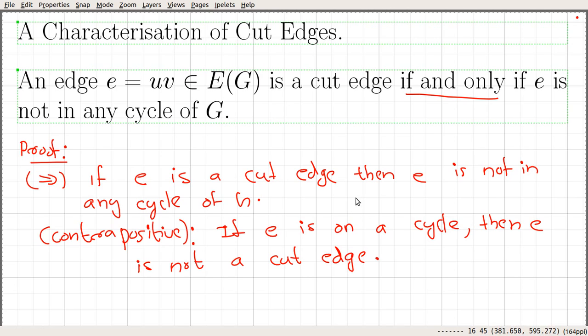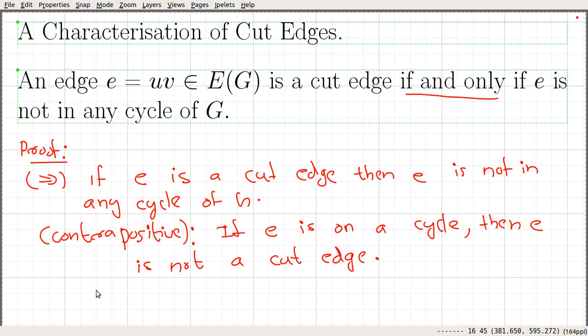It is exactly the same as negation of Q implies negation of P. The negation of Q is E is on a cycle of G, and the negation of P is E is not a cut edge. So let's go and prove this one: if E is on a cycle, then E is not a cut edge.